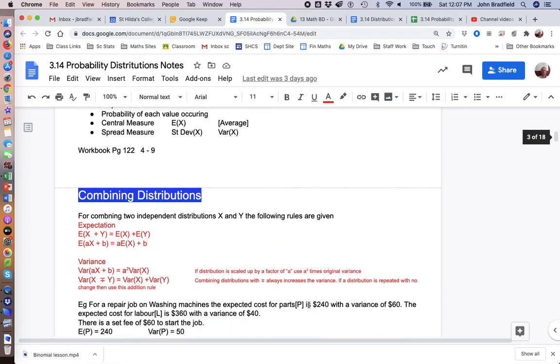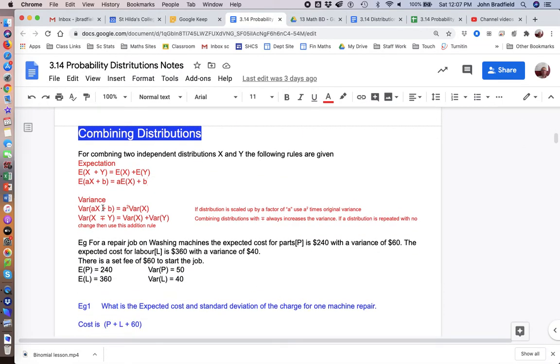And so you'll notice with the variance, the plus b, which would be like adding 5, doesn't get any mention. But what happens if we multiply all those winnings by doubling them or something? It actually has more influence on the variance. So if we doubled them, we would go 2 squared times the original variance.